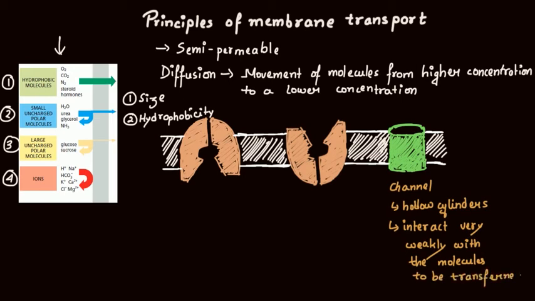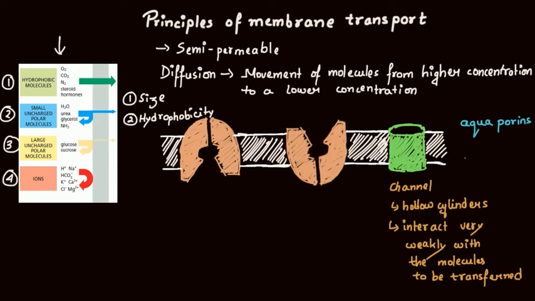And a classic example of a channel protein are the aquaporins. By the name aquaporins, you can guess it, because aqua means water, and porins come from the word pores. So some channel proteins that allow water to move in and out are called aquaporins.